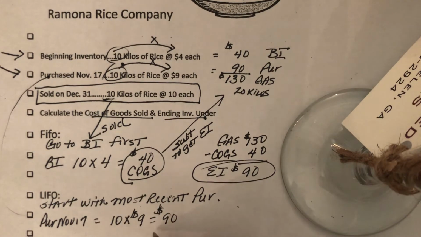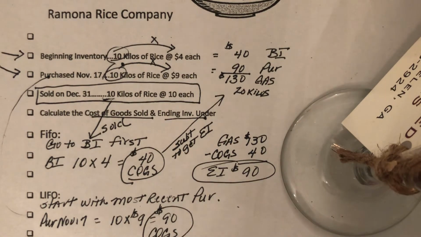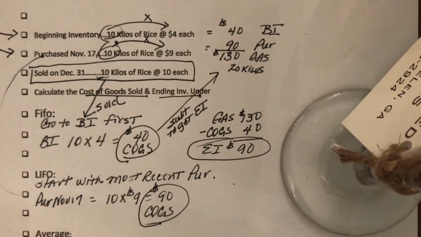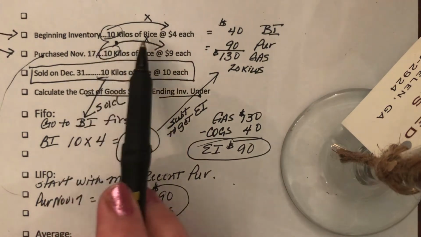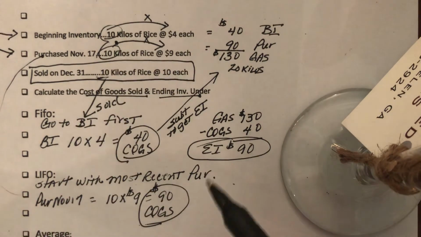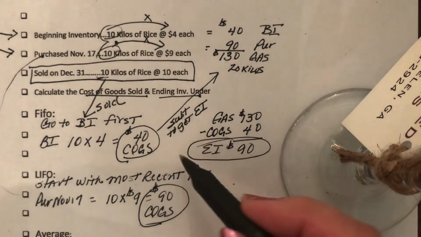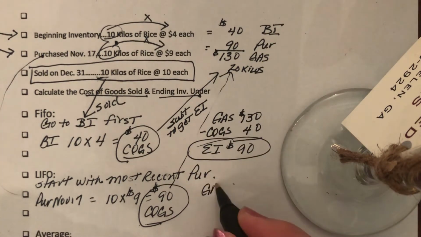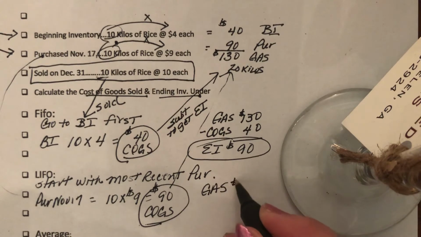That means $90 is your cost of goods sold. And remember, it said your most recent cost would be cost of goods sold. And then your older cost would mean that your beginning inventory is still sitting there. So you want to subtract that 90 from your goods available for sale, which was 130.